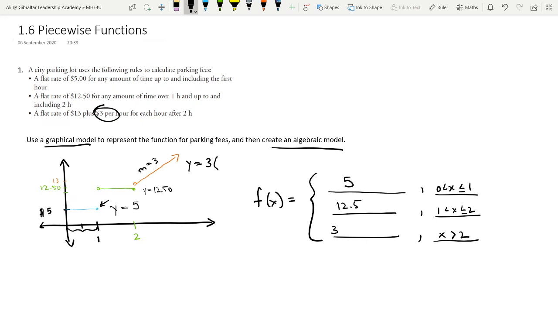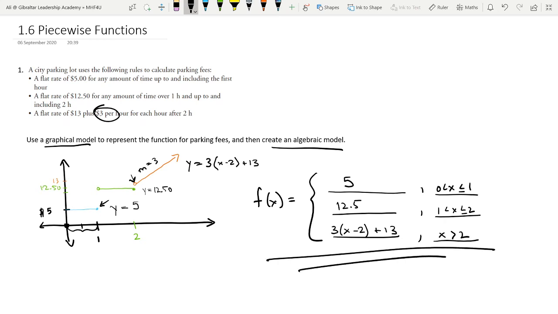Normally, this function should be starting at 0, but instead it's starting here. So I'm going to translate it right by 2, so x minus 2, and up by 13. So this equation becomes 3(x minus 2) plus 13, and that would be my new function. That would be the piecewise function representing these 3 conditions.